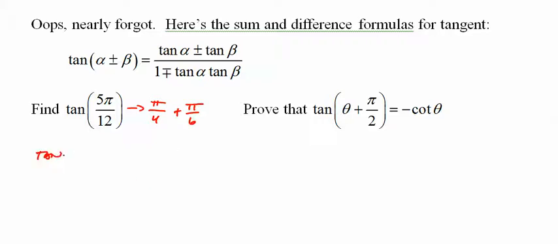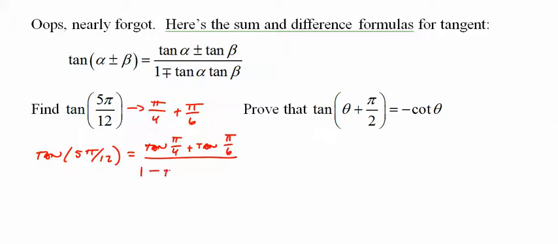So tangent of 5 pi over 12 equals tangent of pi over 4 plus tangent of pi over 6, over 1 minus tangent of pi over 4 times tangent of pi over 6. Sine stays the same, sine flips.